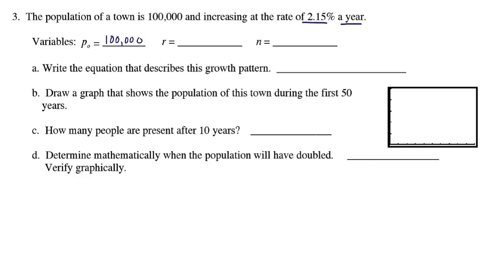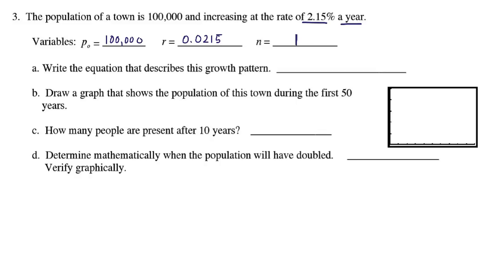And our rate at which the population is increasing was 2.15%. So as a decimal, 0.0215. And how many times are we going to use this rate? Well, it's just happening a year, so time frame would be 1.